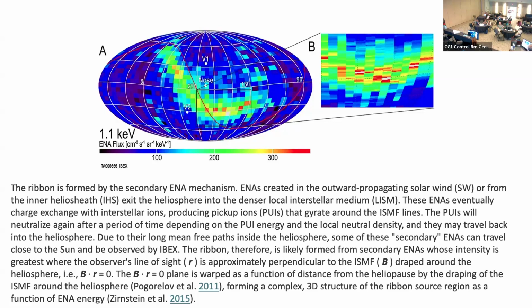So they just have to rope around the interstellar magnetic field and come back. And therefore, that ribbon sits essentially in the intersection of the plane perpendicular to the magnetic field and the... I'm looking for words. Anyway, it's the intersection of two planes.